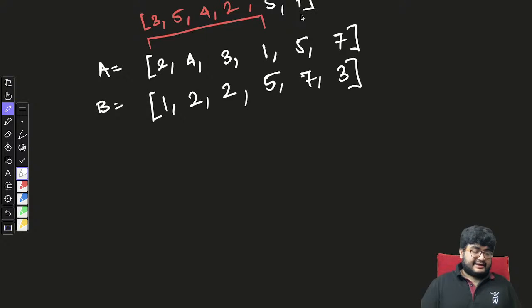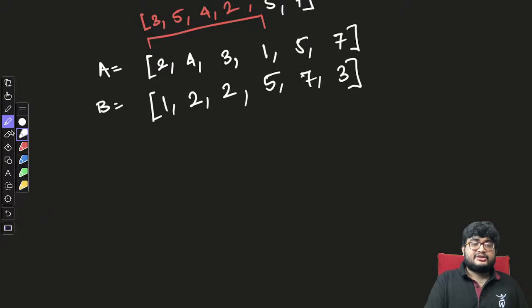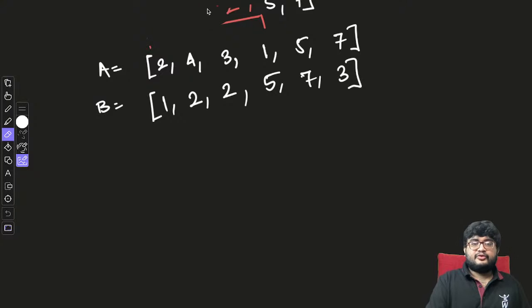So in a move you can change it like this, and you can do this change with both of them. Your aim is to make both the arrays equal, that is, A[i] should be equal to B[i] for all the elements i. You have to make both the arrays equal. So what is the minimum number of moves needed?